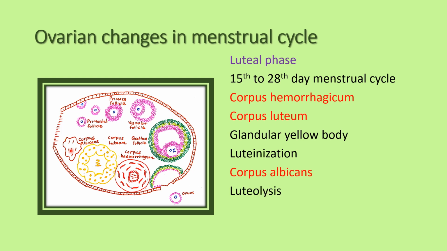If fertilization occurs, the corpus luteum supports the pregnancy until 3 months, until the placenta takes over the support of the pregnancy.